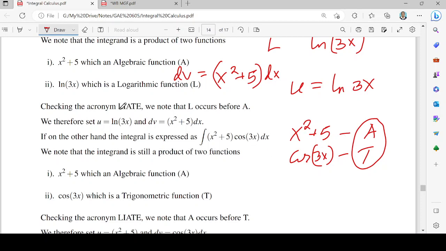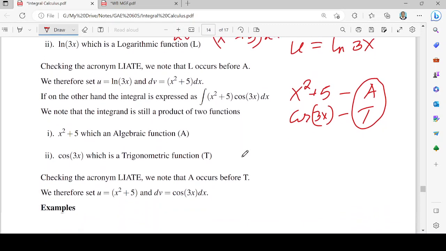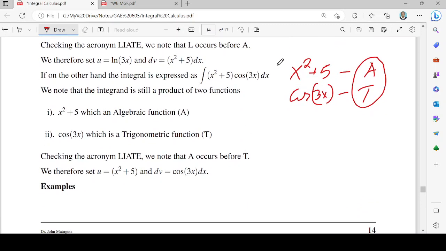So we see that starting from here, A comes before T, which means that we are going to assign u to the function x squared plus 5. This time, we assign u to be x squared plus 5, and then dv becomes the other function, cosine of 3x dx.